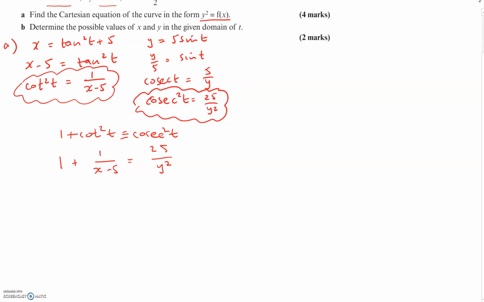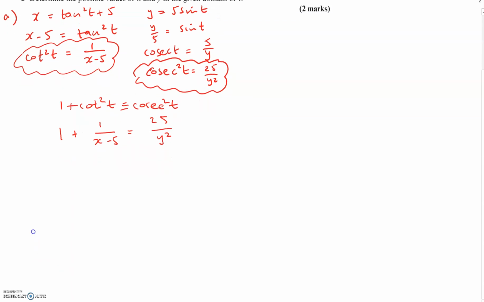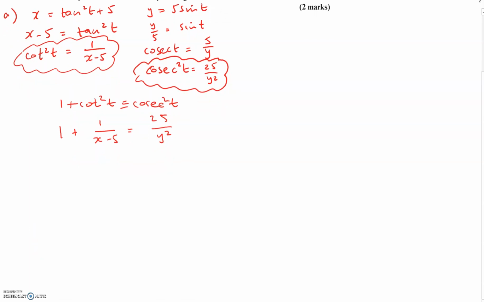Let's think about how we can rearrange this. On the left hand side I've got two bits that I can add together, and what I could do is make a common denominator of x minus 5, so I'd need to multiply the 1 by x minus 5, and then I've got something a bit like this.